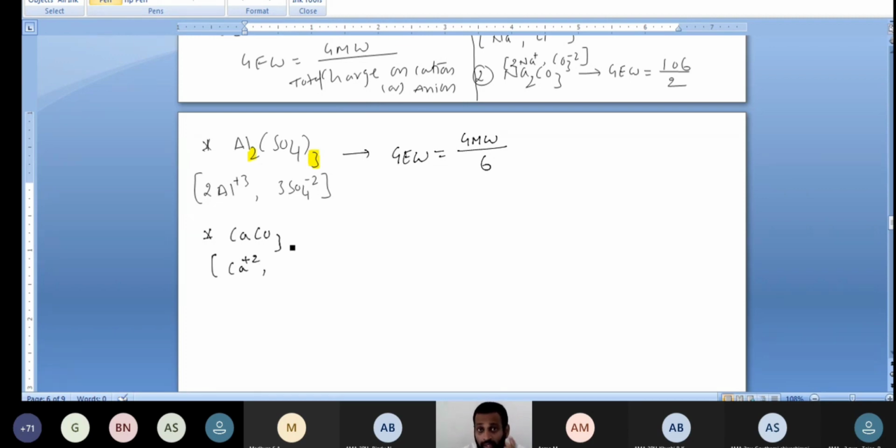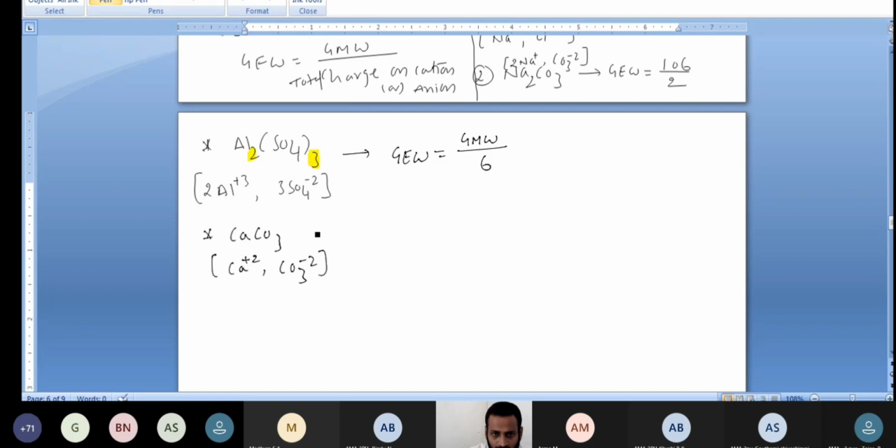Why aluminium +3, don't ask me; aluminium is in group 3A, so +3. And there is only one calcium here, and carbonate is CO3 2-. Some cation and anion charges I explained in the redox reactions chapter, and the oxidation state concept also I am telling. Please revise that concept so that it will be easy for you. My request and order: please check the charges of all cations and anions clearly.